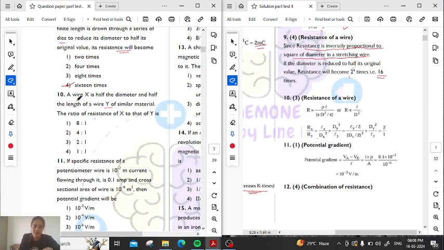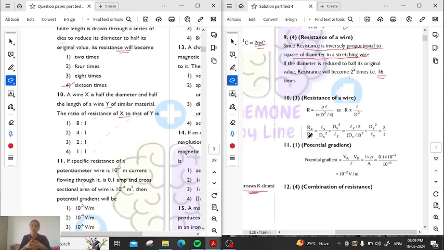The wire X has half the diameter and half the length of the wire Y, and we have similar material. We need to find the resistance of X and Y. It's simple. First, we know how we can solve this. First, apply the approach.